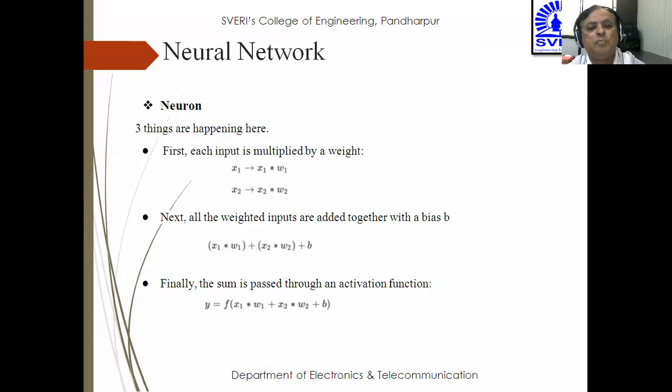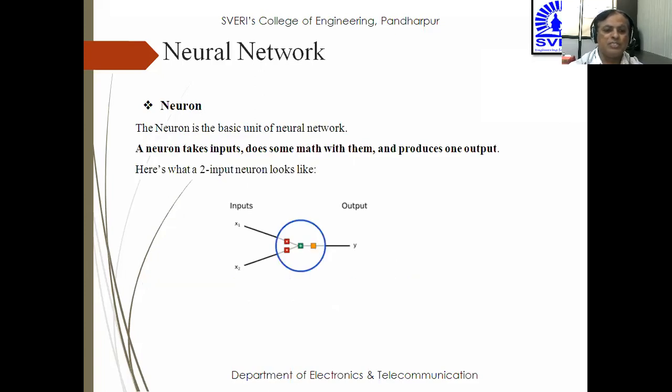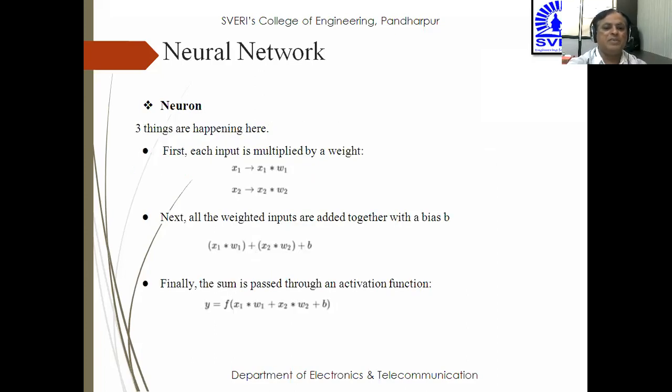So the weighted inputs are added together with a bias b. You can see that x1 into w1 plus x2 into w2 plus b is the step number 2. Now the third step is that finally this sum is passed through an activation function. So this sum is calculated at this point, and after this there is an activation function.